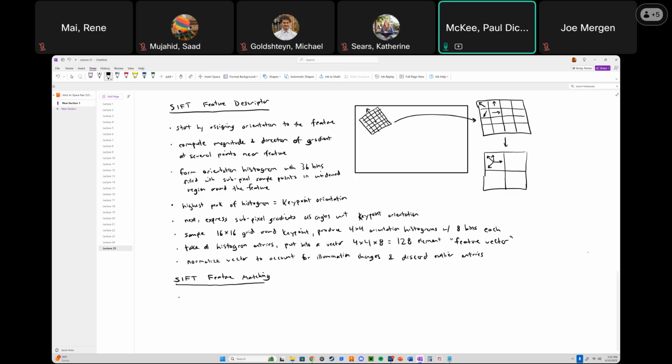You just do a nearest neighbor search in 128 dimensional space. And it's simply just a minimum Euclidean distance.